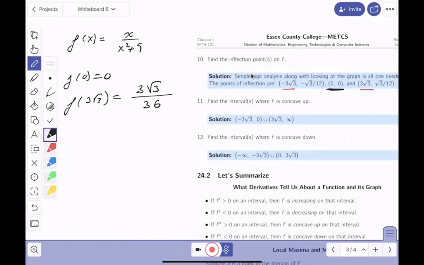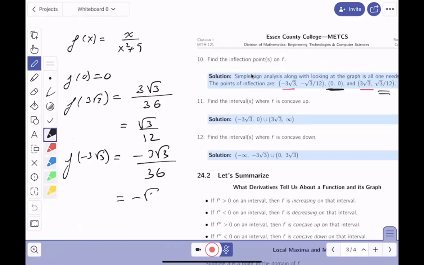And that would be √3 over 12, right? Am I seeing that right over here? Let me do f of minus 3√3. What do you get? Minus 3√3, again, over 36. Again, simple arithmetic for the most part. You get minus √3 over 12. Are we getting that over there? Of course we are. We're doing okay.